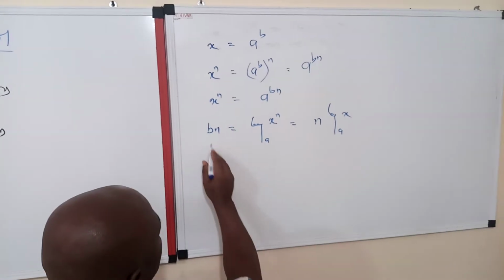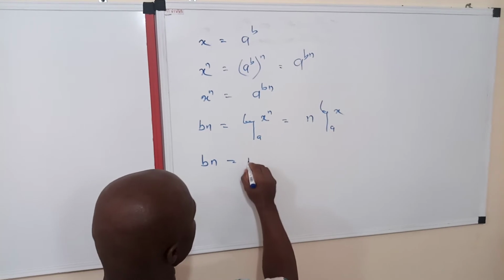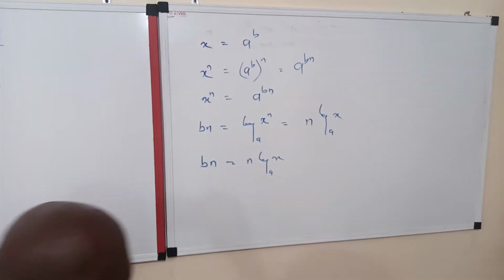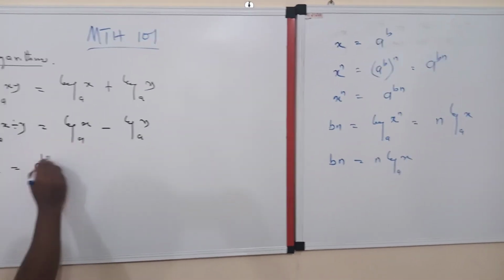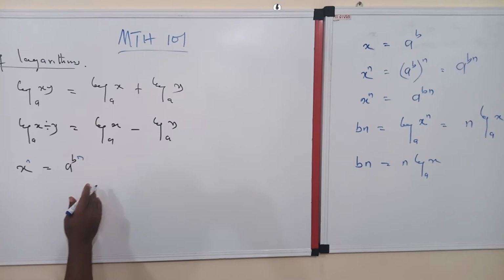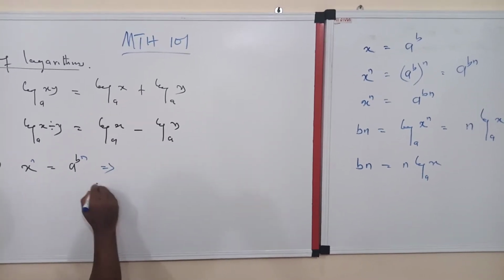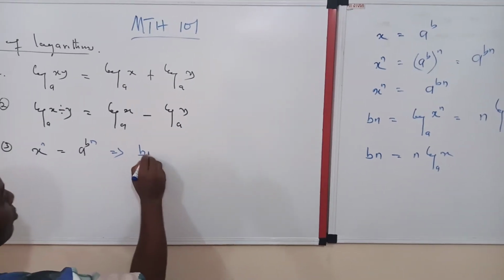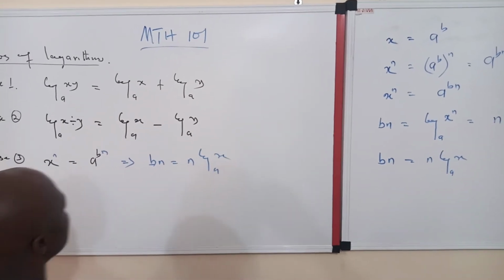So we are having bn is equal to n log a of x. So if we have n here, and you take the log, our bn will be equal to n log a of x.